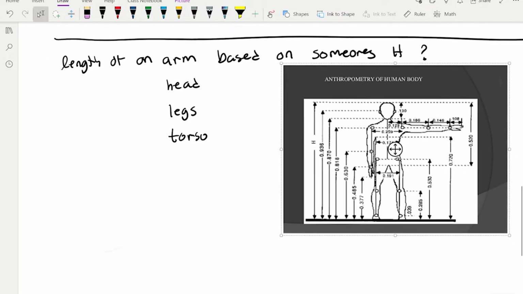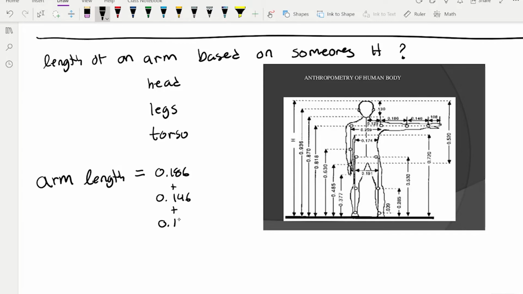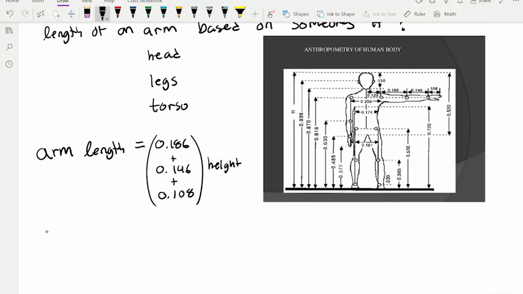Let's say that an arm length looks like it equals 0.186 plus 0.146 plus 0.108 times height. Legs, that's 0.53 times height.